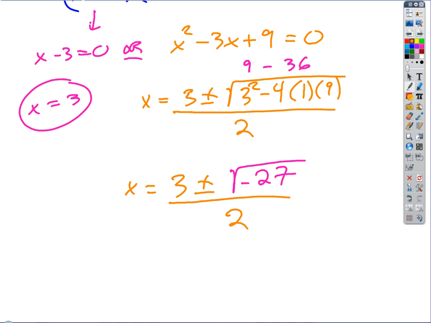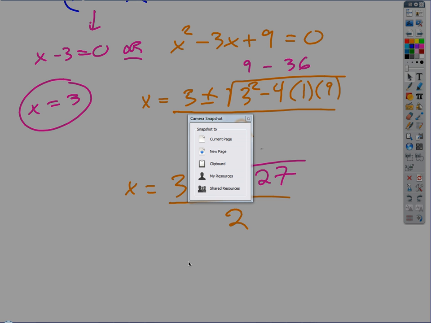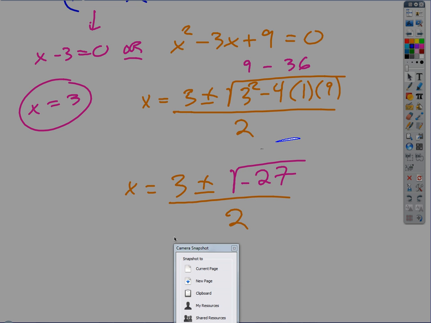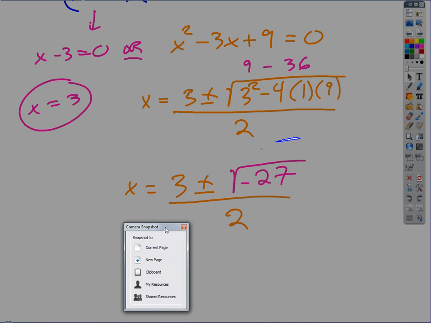Oh, not enough room. I've got to go to the next page. I'm not quite finished with this. Uh-oh. That's just not working. It's a little blue mark, see it? Oh, goodness.